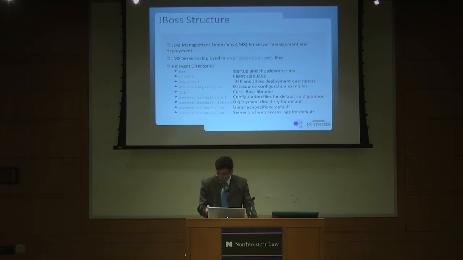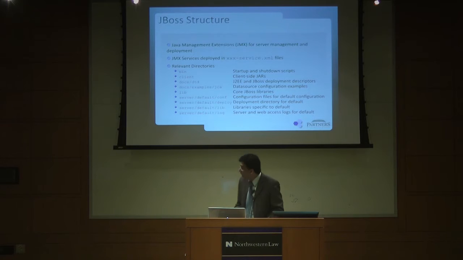A little bit about the JBoss structure. When you install JBoss, the zip file, like 4.2.2, will break down, and if you look in that directory, the bin directory has all the starting up and shutting down of JBoss. The lib has all the core JBoss stuff. In here is where we do most of our work.